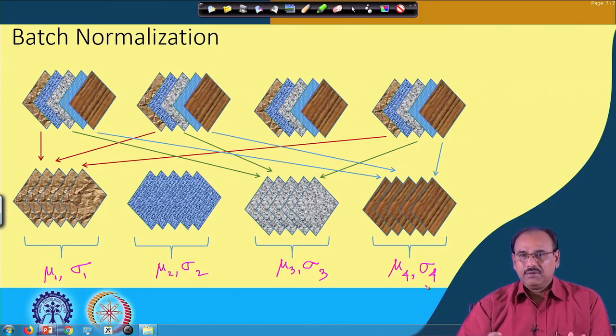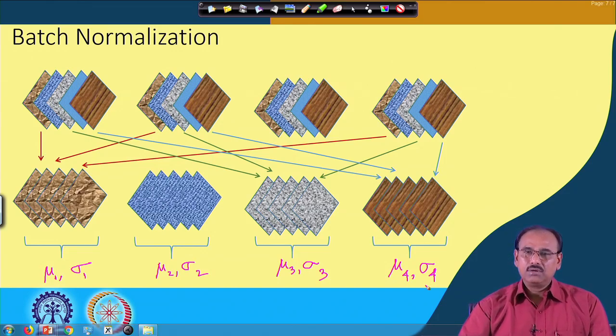So you are grouping the outputs of individual channels together. All outputs of channel 1 are in one group, outputs of channel 2 are in another group, outputs of channel 3 are in another group, and so on. And for every channel you compute the mean and standard deviation, and these feature maps are normalized with respect to this mean and standard deviation.